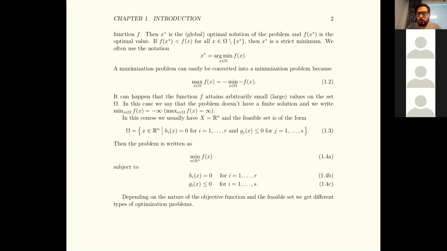So I'll write it like this: x squared plus y squared minus 9 is smaller than or equal to 0. Sorry, I first wrote smaller than, but it's smaller than or equal.